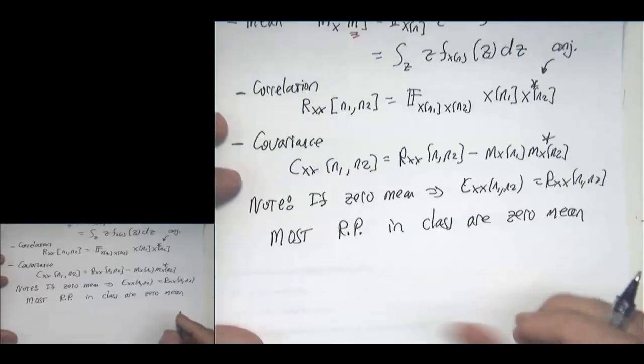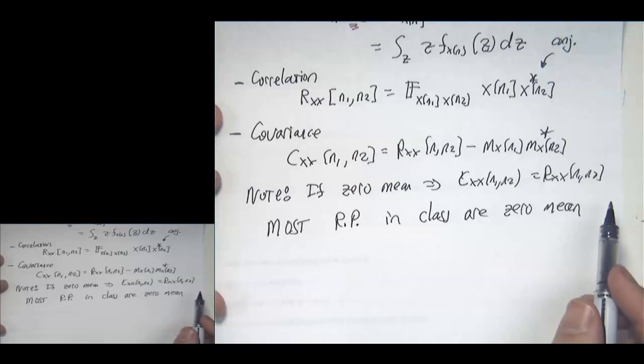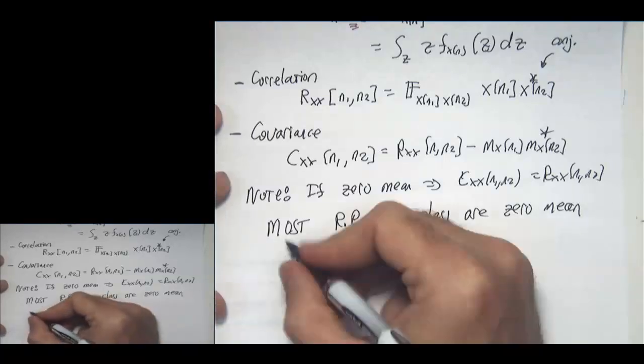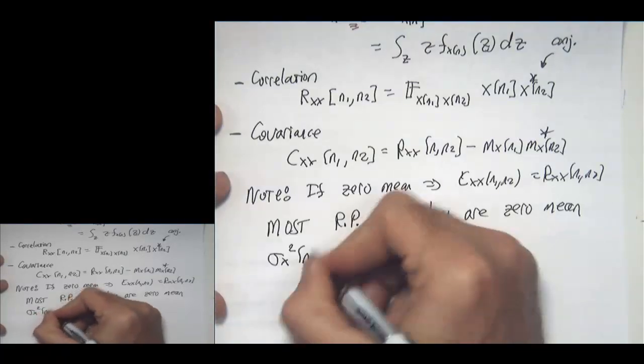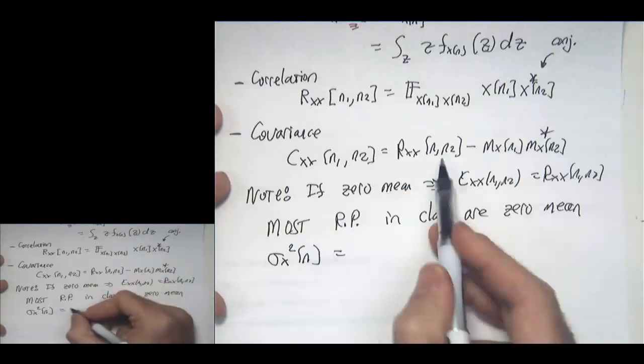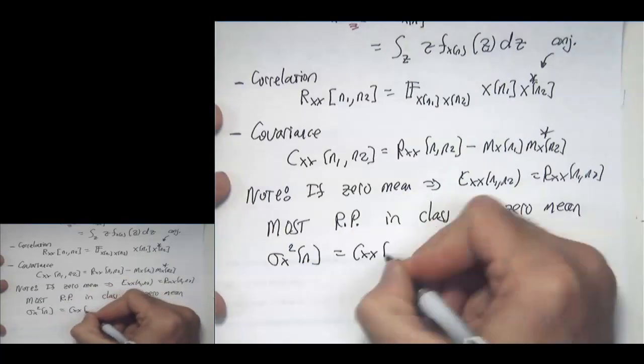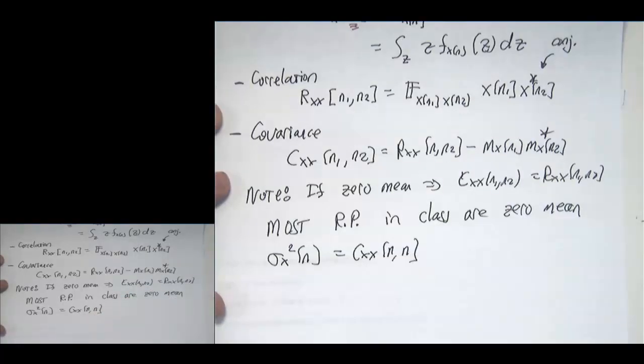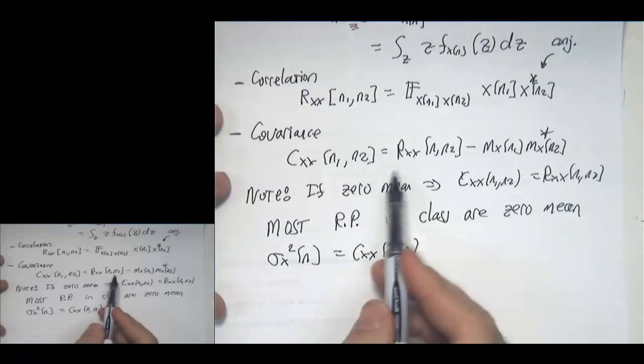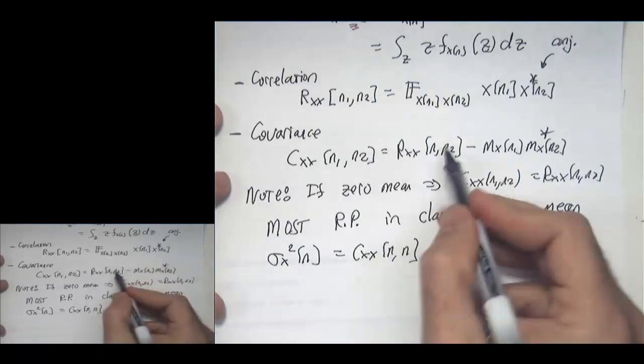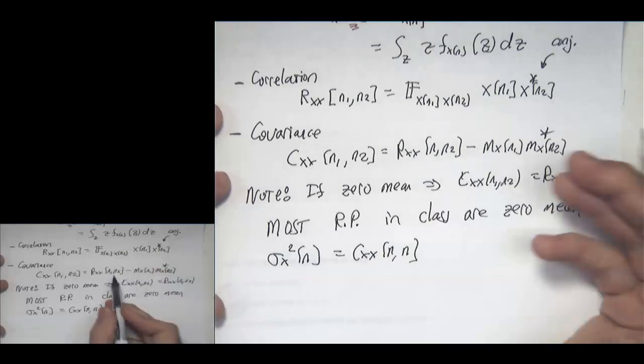That's the covariance. We call the variance, just by substitution, C_XX[n, n]. That's a function of n. If you plug this in, you'll see this is just a variance function of n.